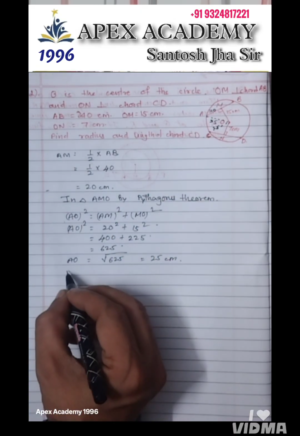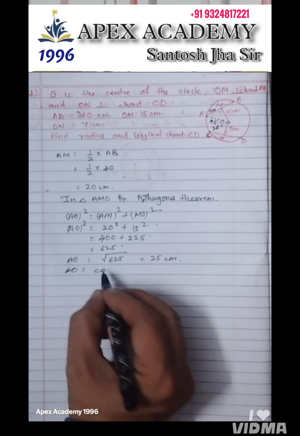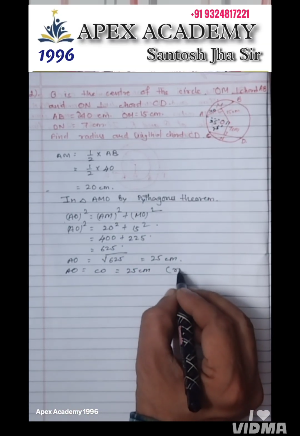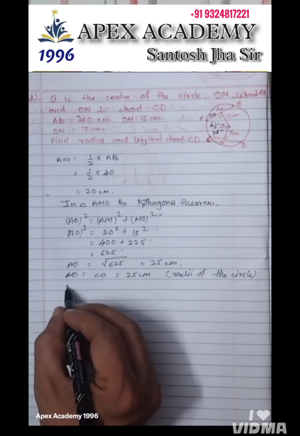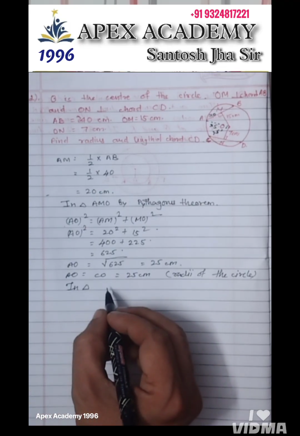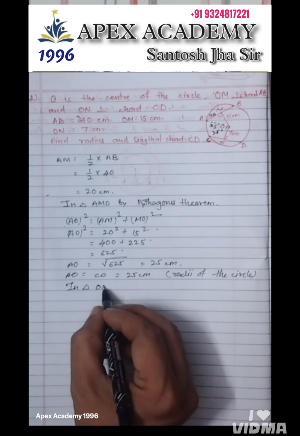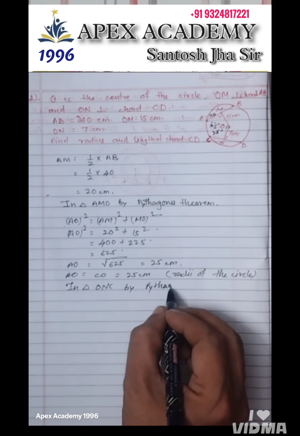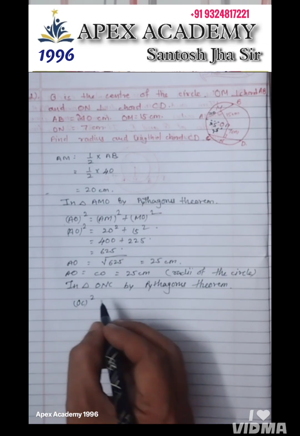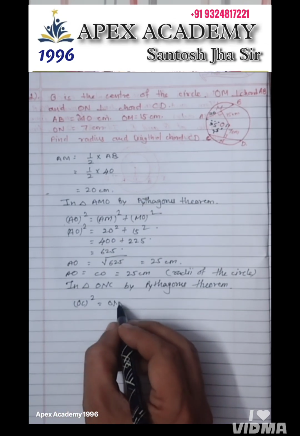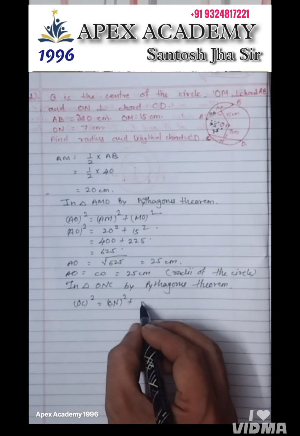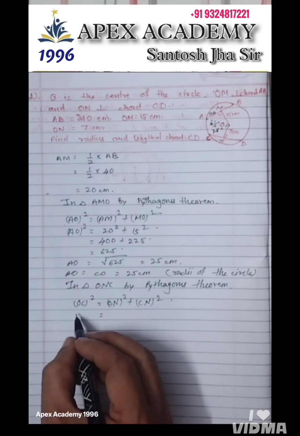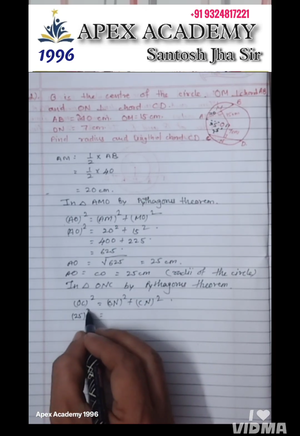Now see, as AO is equal to CO, both become 25 centimeter, as they are radii of the circle. So in triangle ONC, by Pythagoras theorem, OC square equals ON square plus CN square. Here OC is hypotenuse, that is 25, already we know the radius.